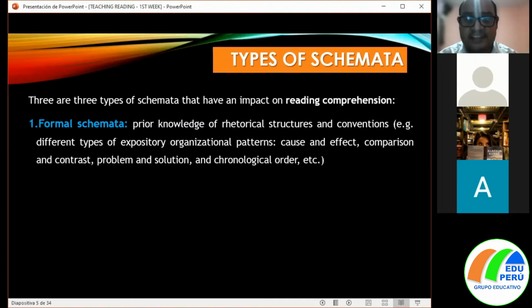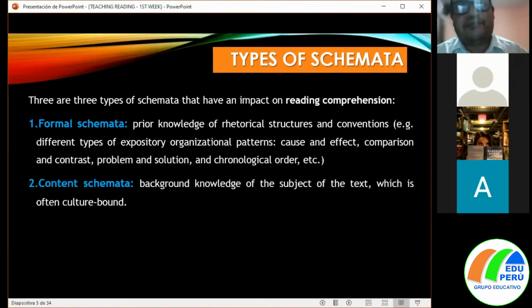So you have these different rhetorical structures and conventions that you use in a language, specifically when you write or speak. So you are going to use this to compare to the text you are going to read. Notice this is called the formal schemata, the knowledge of rhetorical structures and conventions.